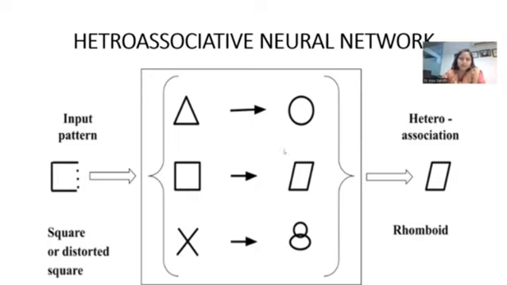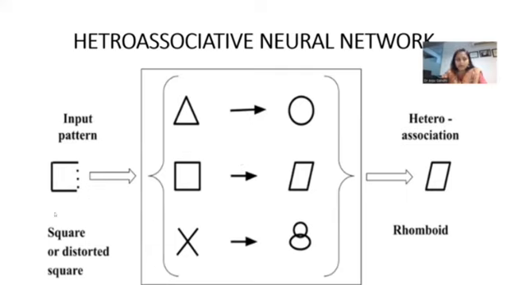But even then, the hetero-associative neural network provides such a strong pattern association system that any other category of image can also be classified and identified, and we are able to form a new image.